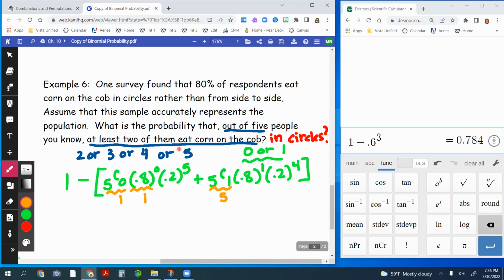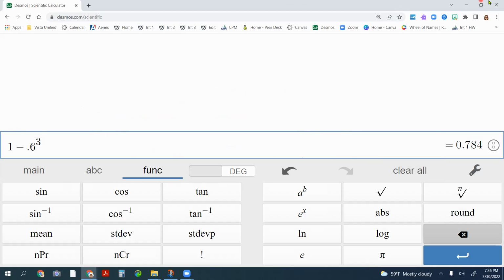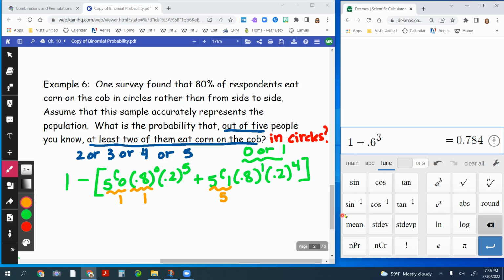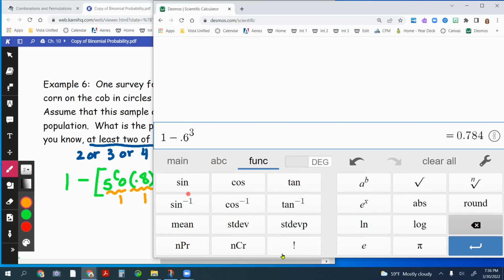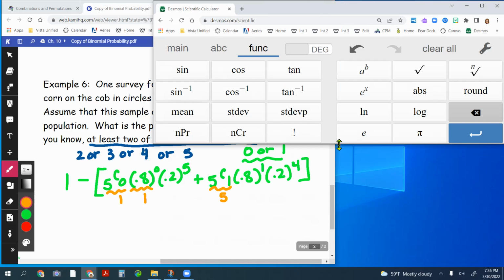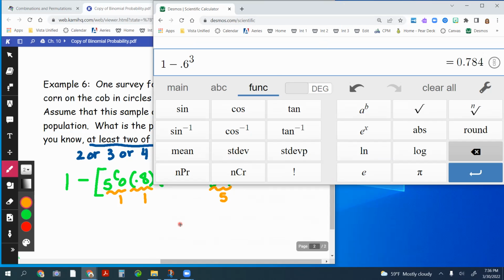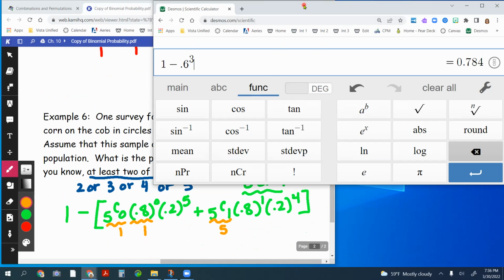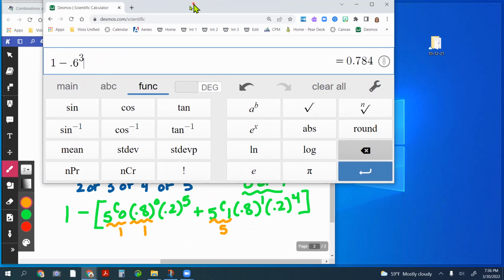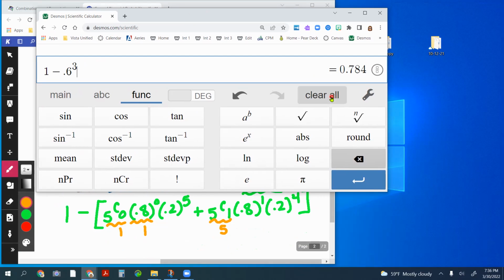Okay, so let's put that into our calculator. Let me make this bigger and put this down here so I can see it. So clear this.